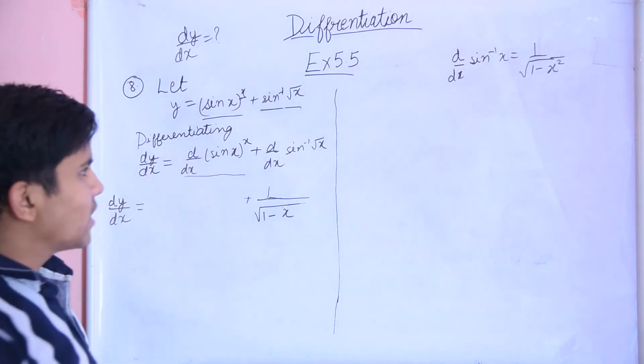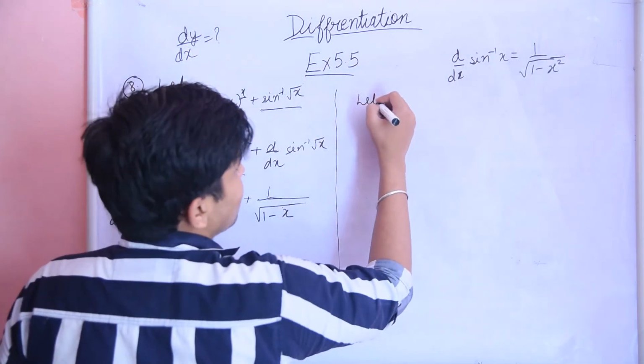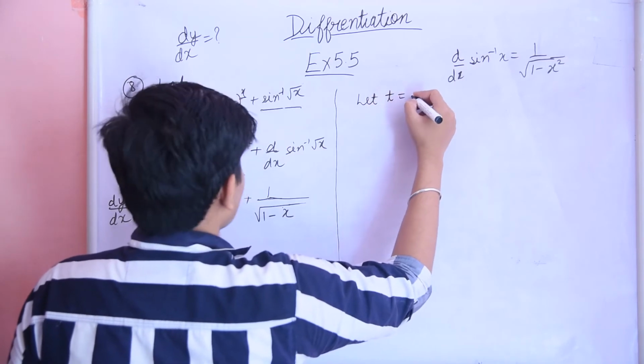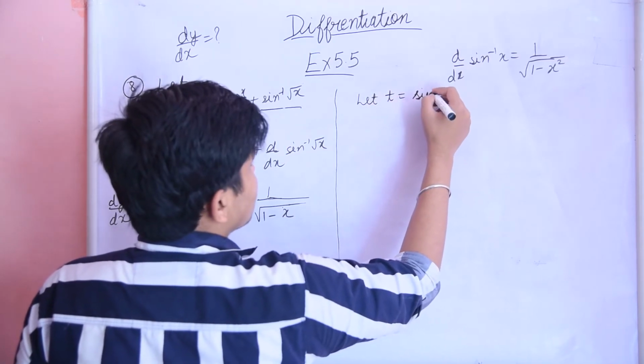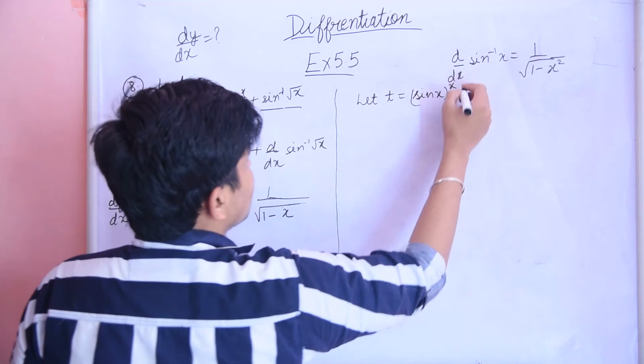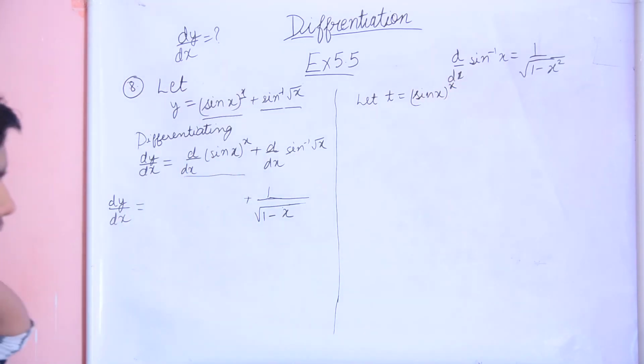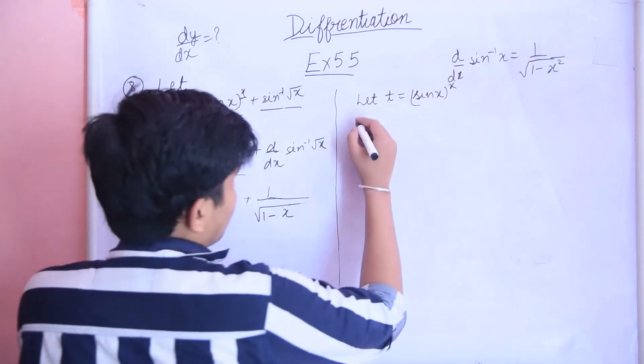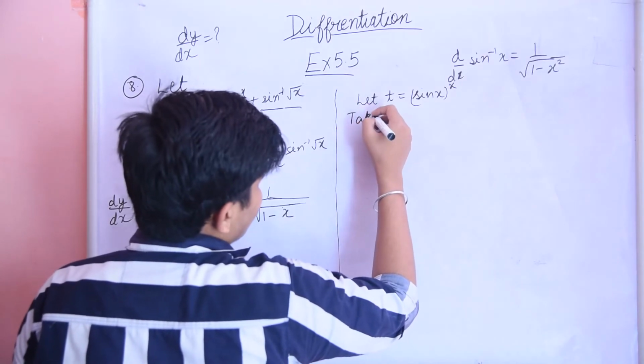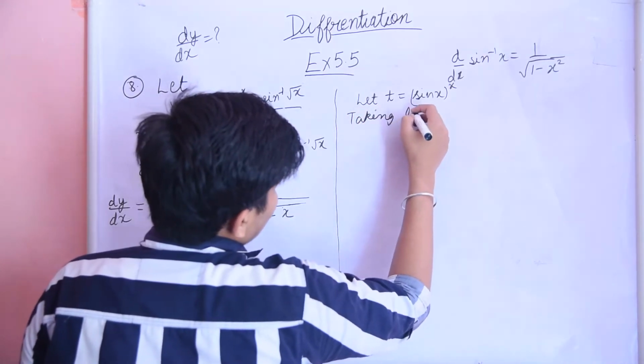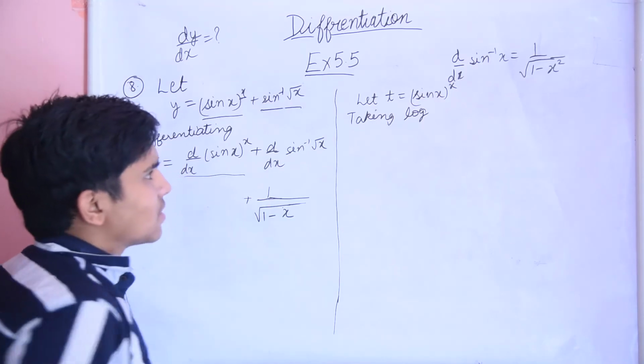So we will be calculating using the log function, letting it be t. Let t equal sin x raised to x, then performing the next step, taking log on both sides.